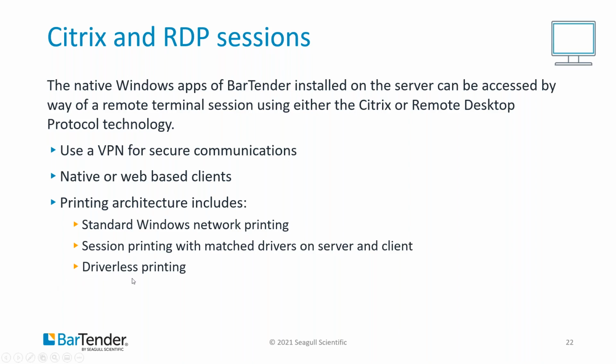But also there's driverless printing, where a print job will be produced and be printable, but it would not be an optimized print job and you would lose the native functionality of the printer.